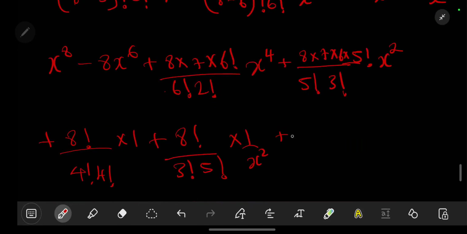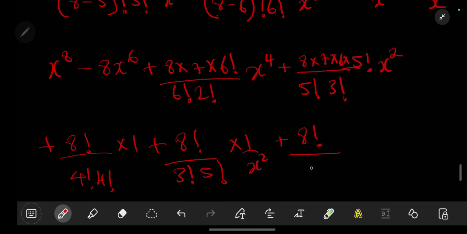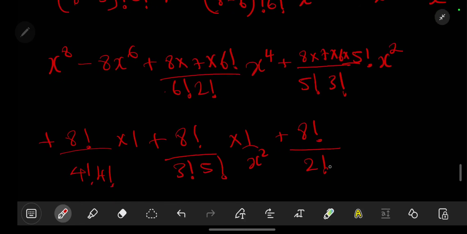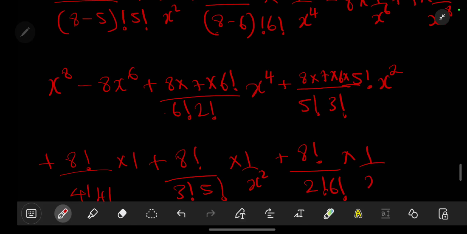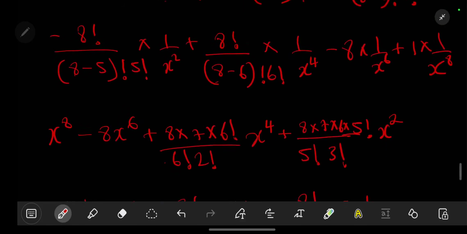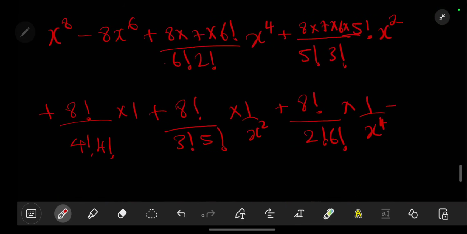Plus 8 factorial over 8 minus 6, that's 2 factorial, times our 6 factorial, times our 1 over x to the power 4. Then we have minus, okay, let's just use down here.